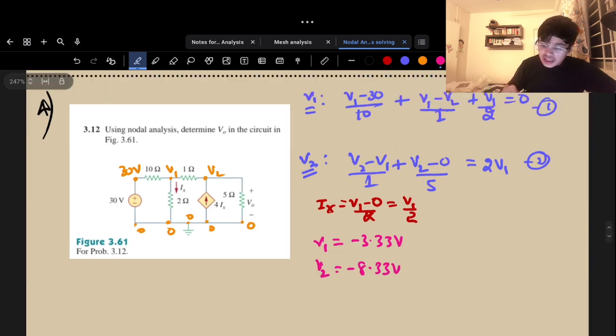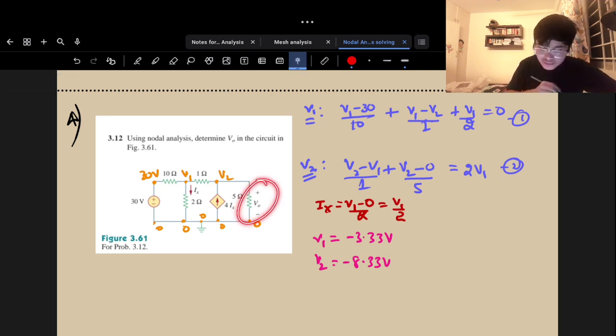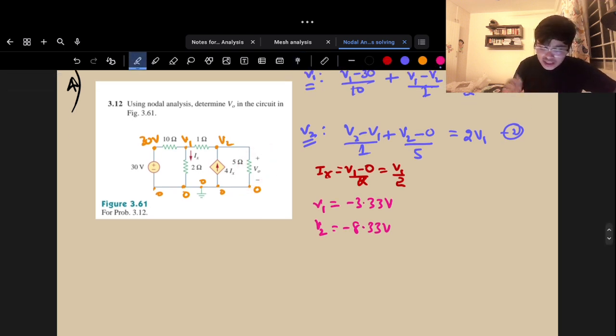And what we had to find in this question was V naught. But you can clearly understand that V naught is simply V2, V2 minus 0 is equal to V naught. So I'll just write the answer as V naught is equal to V2 is equal to minus 8.33 volts.